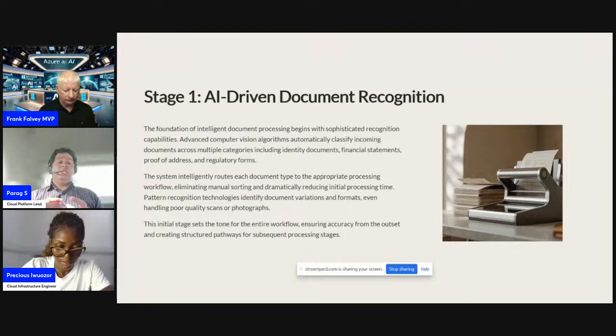The systematic intelligence routes each document type to the appropriate processing workflow, eliminating manual sorting and dramatically reducing initial processing time. Pattern recognition technologies identify document variations and formats, even handling poor quality scans and photographs. This initial stage sets the tone for the entire workflow, ensuring accuracy and creating a structured pathway for subsequent processing stages.